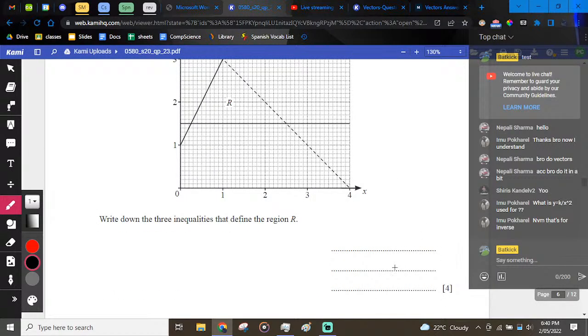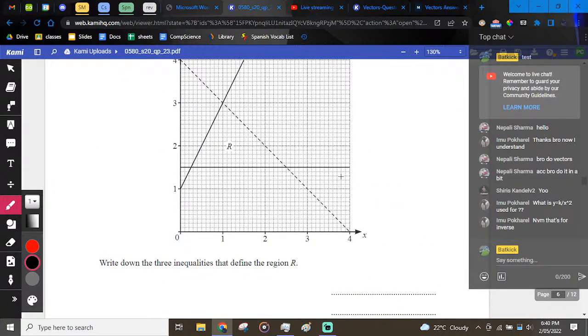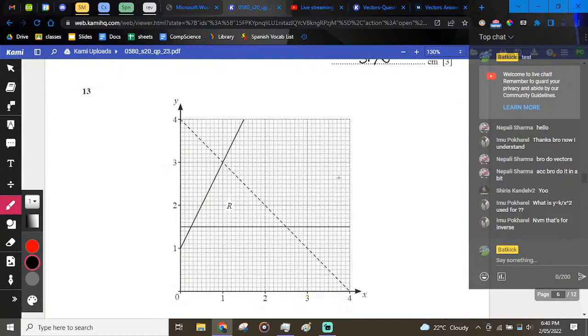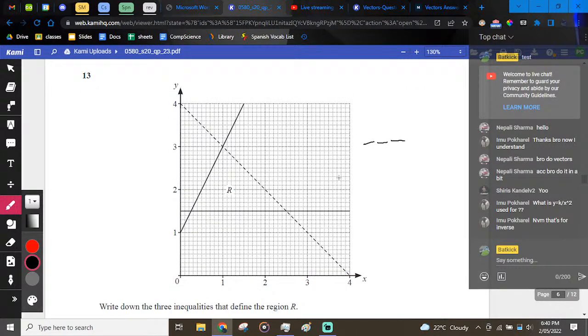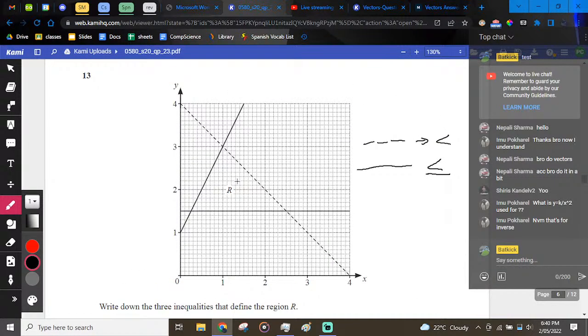Ah, yes, inequalities. Great. It's basically a linear graph, but a dotted line means greater than and a solid line means equal to. Okay, you have to write 3 inequalities for region R. I'm going to work with this line first.